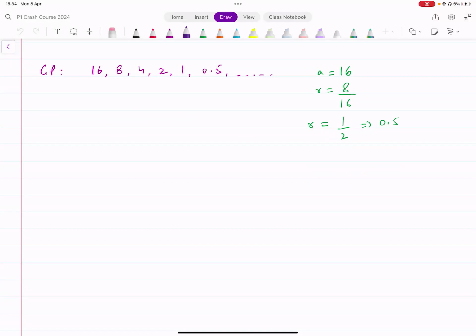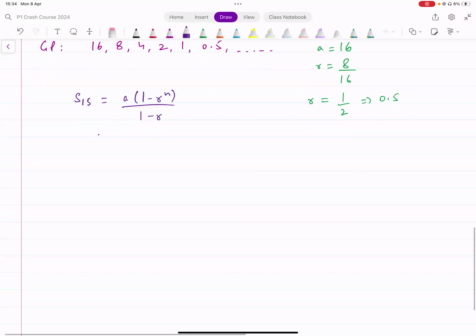Now, in this case, if you had to find, for instance, the sum of the first, let's say, 15 terms, how do you do that? Remember the formula: A into 1 minus r raised to power n, divided by 1 minus r. Just input values in this.